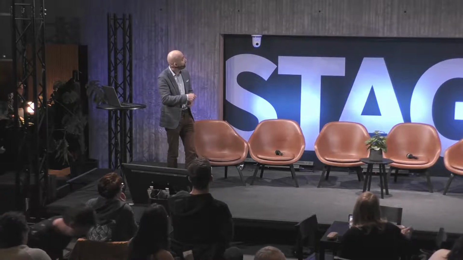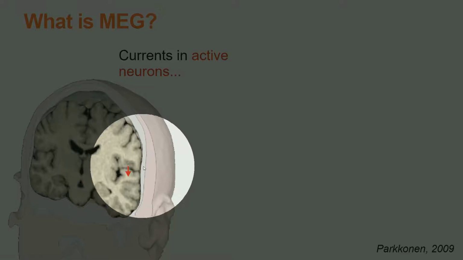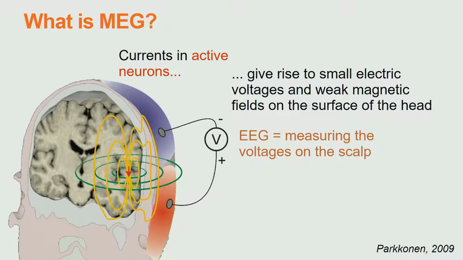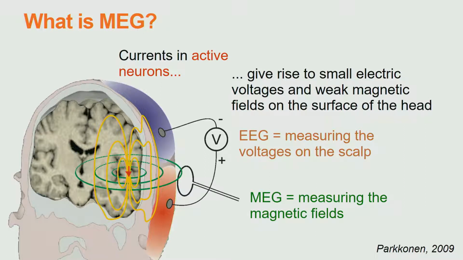If you have an active spot in the brain here, that will give rise to a potential distribution on the scalp, so voltages that you can measure if you attach a pair of electrodes. This is, of course, EEG. But then the same currents also generate magnetic fields that you can pick up if you have sensitive enough sensors outside of the head.